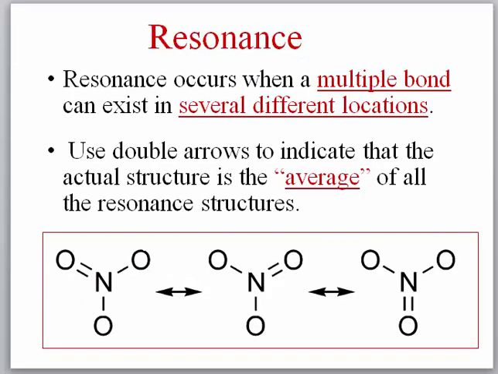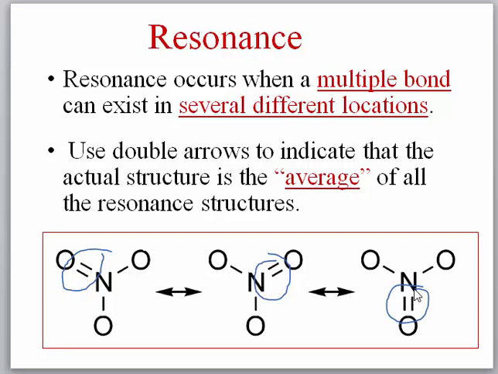So when you have a molecule that has a multiple bond, it is possible that you will have a resonance structure. That means that you can move that multiple bond to multiple places and still have a valid structure. When you draw those different resonance structures, you're not saying those bonds flip around.